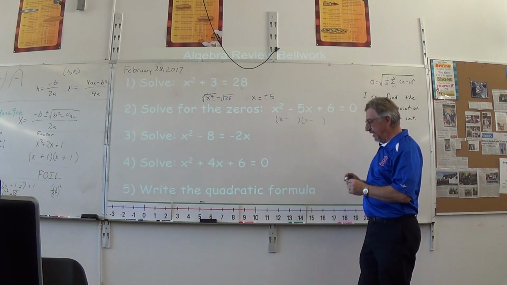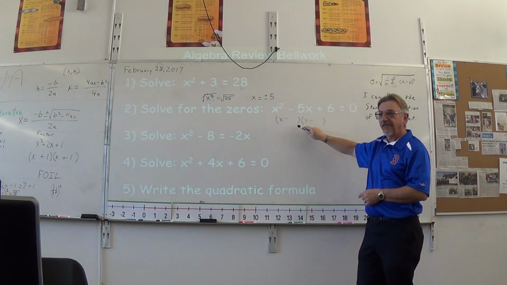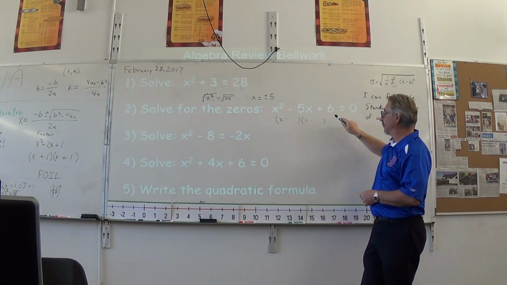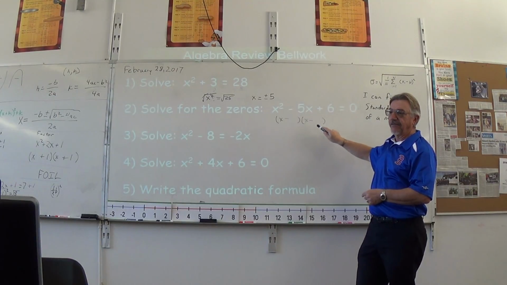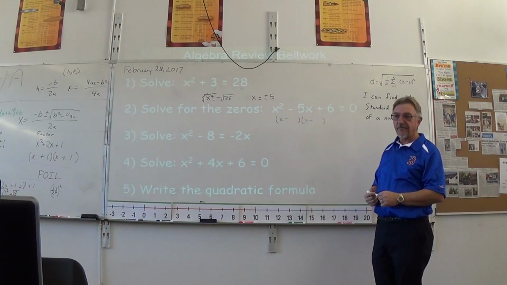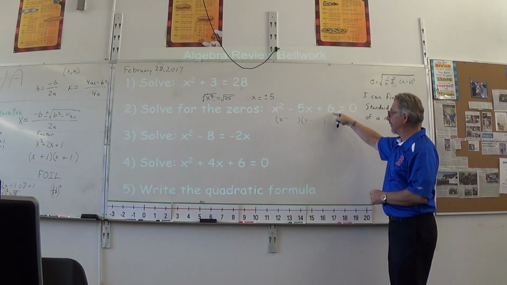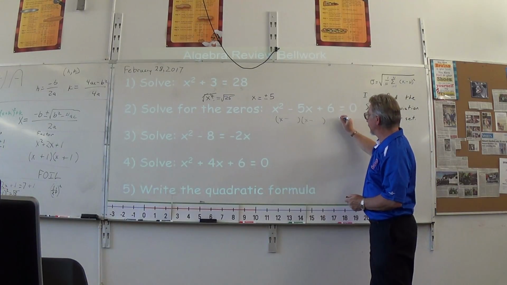It's going to be a minus and a minus, because just like I said up here, a negative times a negative will give you a positive, and a negative plus a negative will give you a negative. So now I find my factors of this number over here.